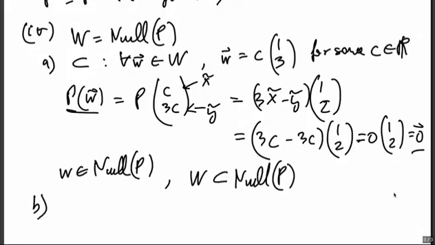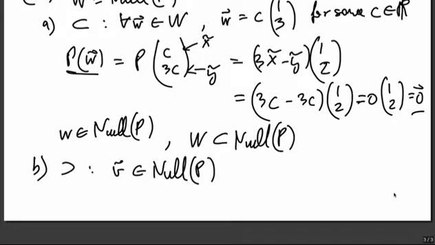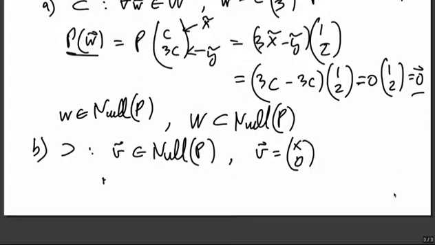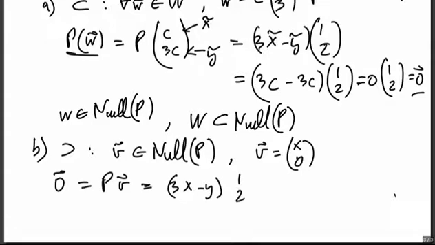The other direction, we start with a vector from the null space of P. Let's say this is v equals xy, all we know about it. Then since it's in the null space, we also know that we get the 0 vector if we apply the P projection onto it. And the P projection has the form 3x minus y times the 1, 2 vector.